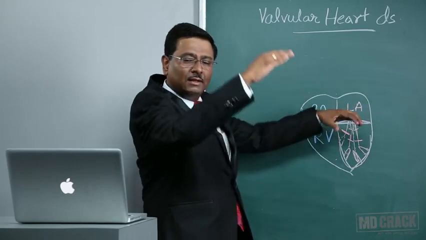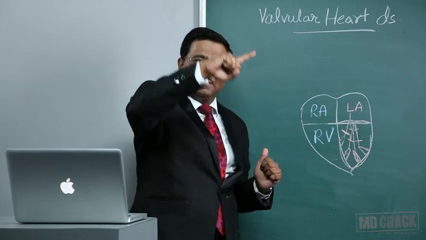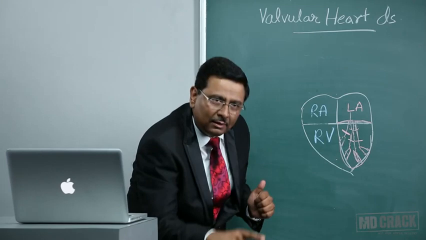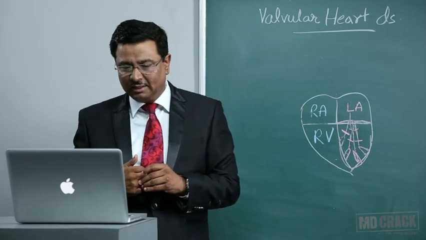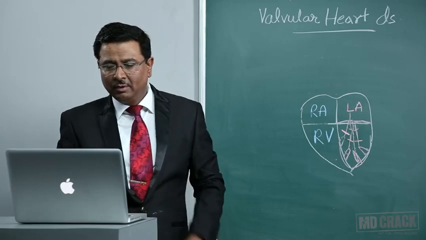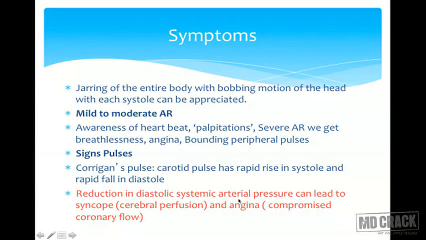So during systole the pulse rises, and during diastole it collapses suddenly, which is a characteristic sign. Reduction in diastolic systemic arterial pressure can lead to syncope because of reduced cerebral perfusion, and it can also give rise to angina because of compromised coronary blood flow.